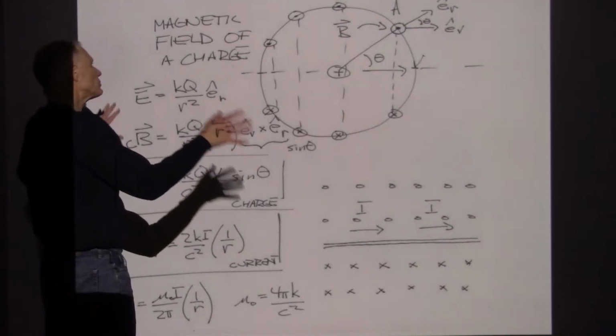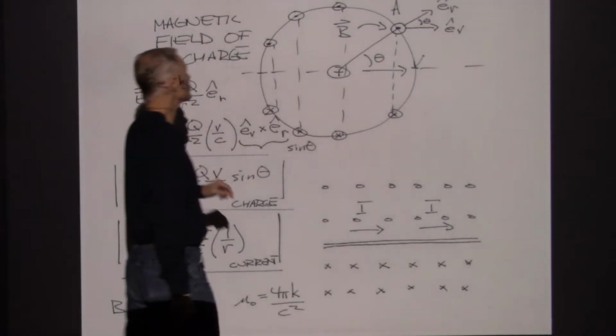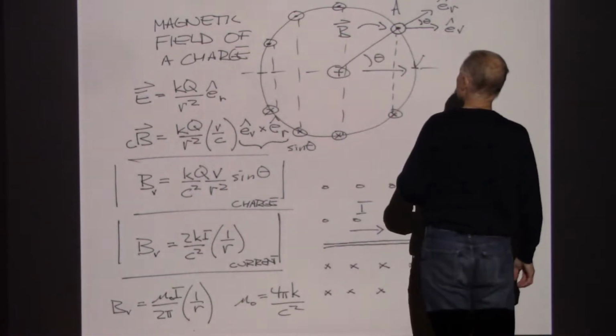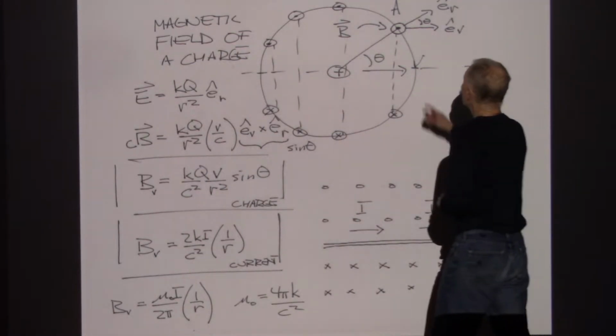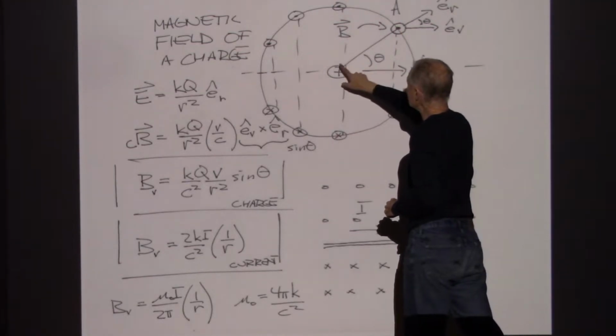Now, in the last chapter, we actually went through some of this, so let's re-familiarize ourselves with how this is working. I'm going to say this is point A instead of point P. Here is a charge.